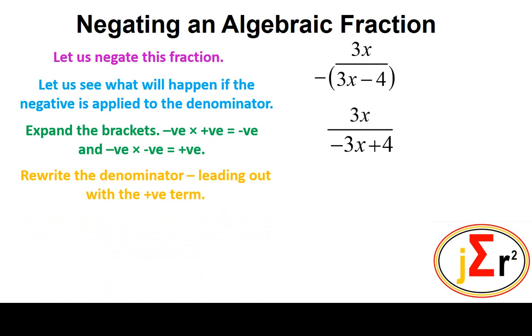So rewrite the denominator leading with the positive term. All we did was exchange places with the positive and negative terms. As a matter of fact, you will realize that the negative term retains its sign, but the positive term is not accompanied by a positive sign.